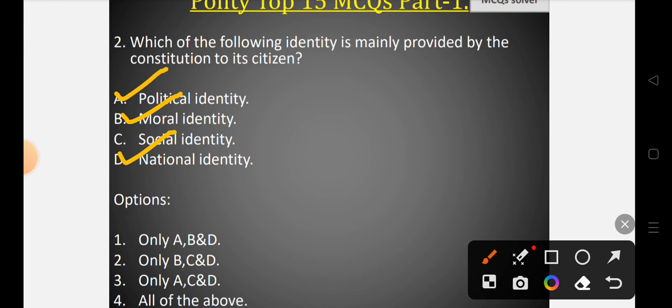When it comes to social identity, although social identity is not directly linked with the Constitution, so this option will be an incorrect option. So the correct option will be option number 1, that is only A, B and D. The Constitution mainly provides political identity, moral identity and national identity to its citizen.